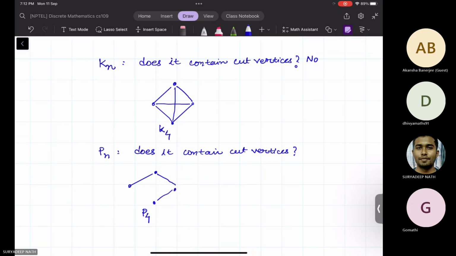Sir, 2. Right, if I remove this, it becomes fragmented. If I remove this, it becomes fragmented. So it is basically the in-between elements. So a path Pn will have n minus 2 cut vertices.